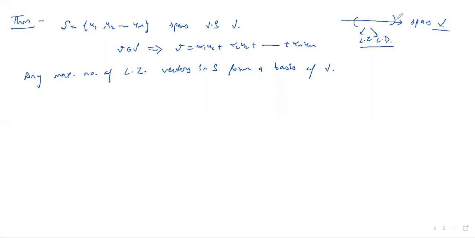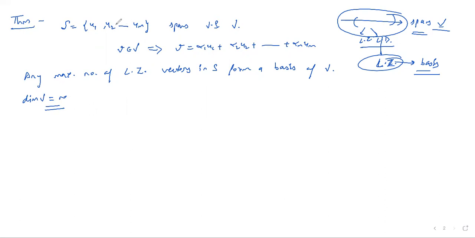If I take out all the vectors which are linearly independent, then these vectors would form the basis, because from the definition of basis, the vectors which are linearly independent and generate the whole vector space are a basis. So if I say that the dimension of vector space V is n, then the number of vectors in the spanning set is m.